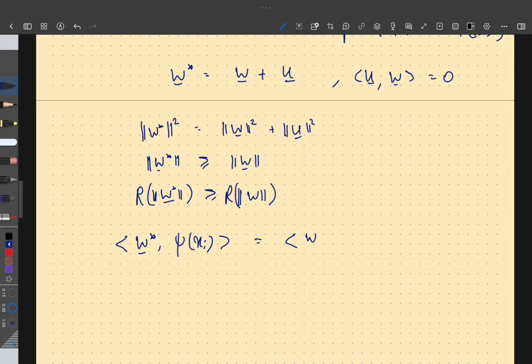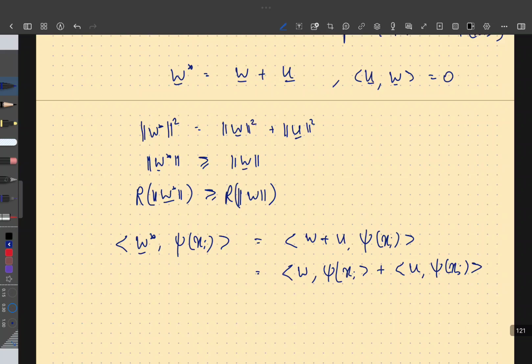This is the inner product between W plus u, because W star is W plus u, and psi of xi. By the linearity property of inner products, this is equal to the inner product between W and psi of xi plus the inner product between u and psi of xi.